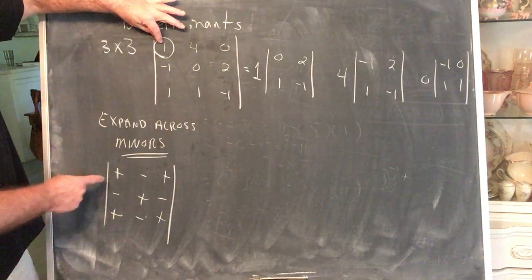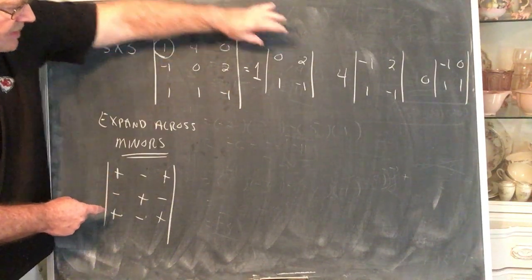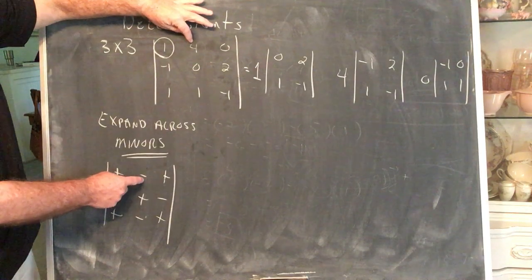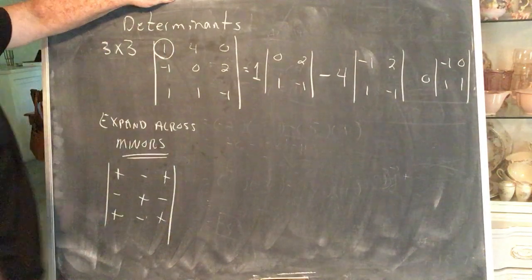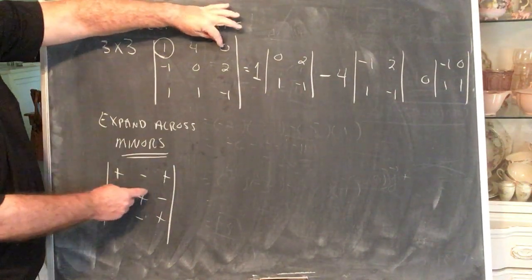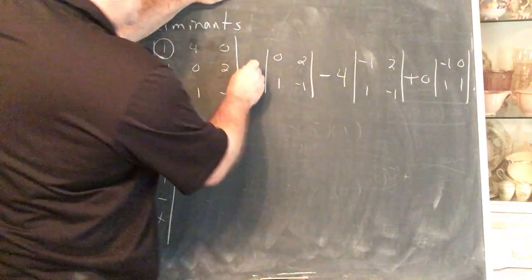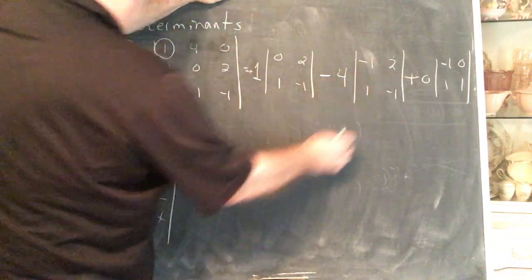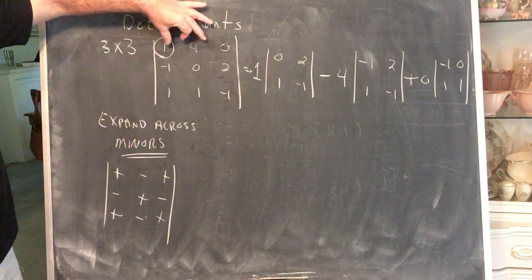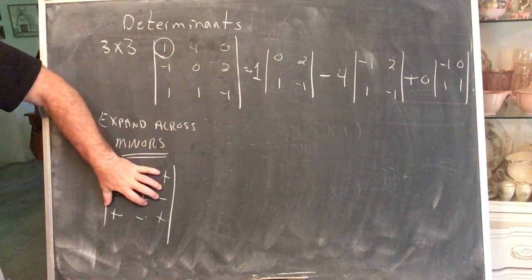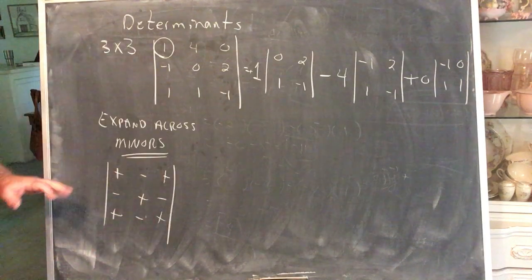So the minor of 1 is positive, so this is positive 1 times that determinant. But the minor of 4 is negative. So when you do this computation, this needs to be subtract. And then you do the minor of 0, that needs to be addition. So this is positive, this is negative, this is positive, because those are the signs of this checkerboard arrangement for the top row. Where this comes from is some deep theory in linear algebra. For our purposes, we don't need to worry about that.